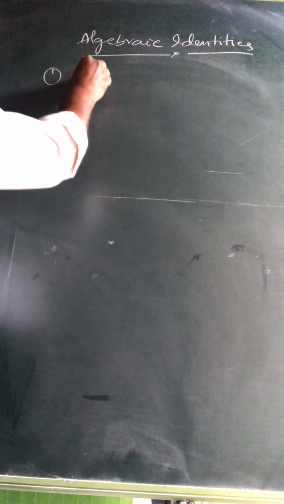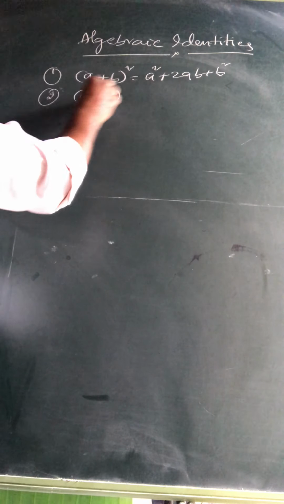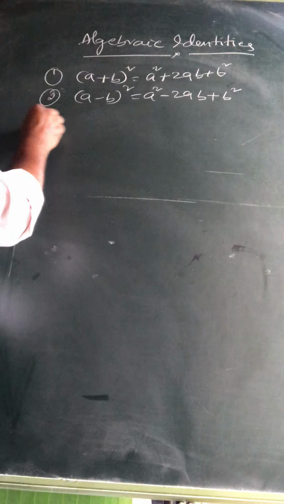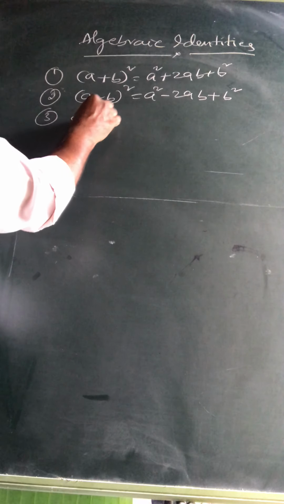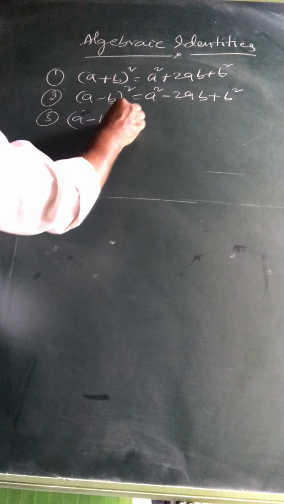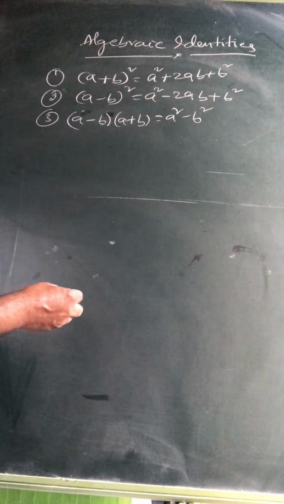Okay. Now, first one, (a + b) whole square is equal to a square plus 2ab plus b square. Second, (a - b) whole square is equal to a square minus 2ab plus b square. Next, a square minus b square, or (a - b)(a + b), is equal to a square minus b square.